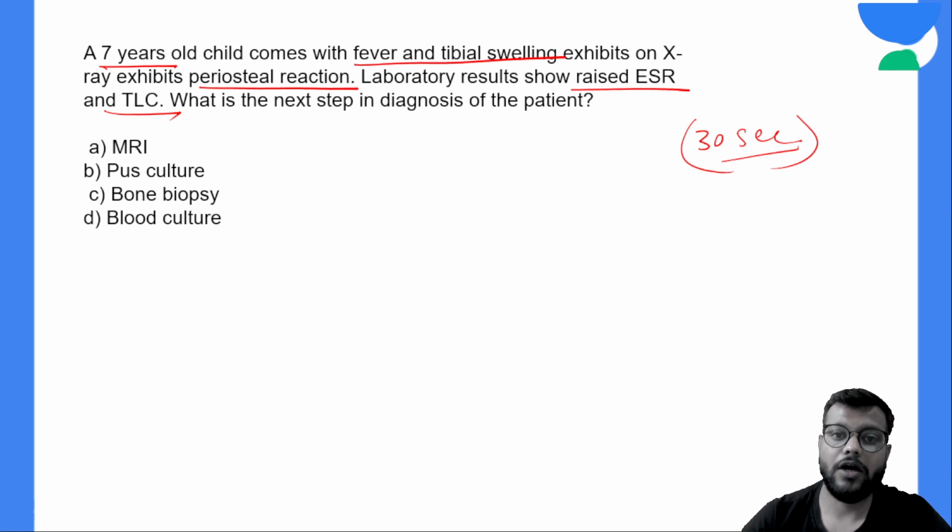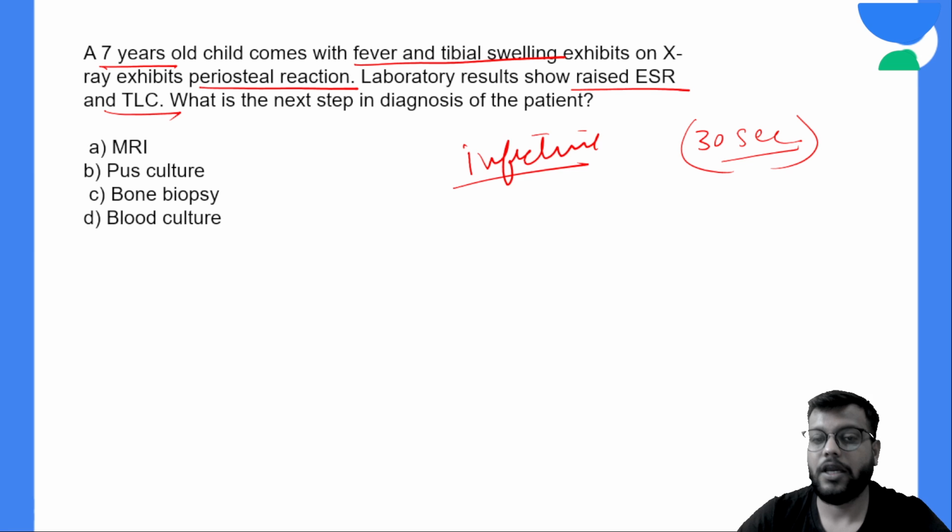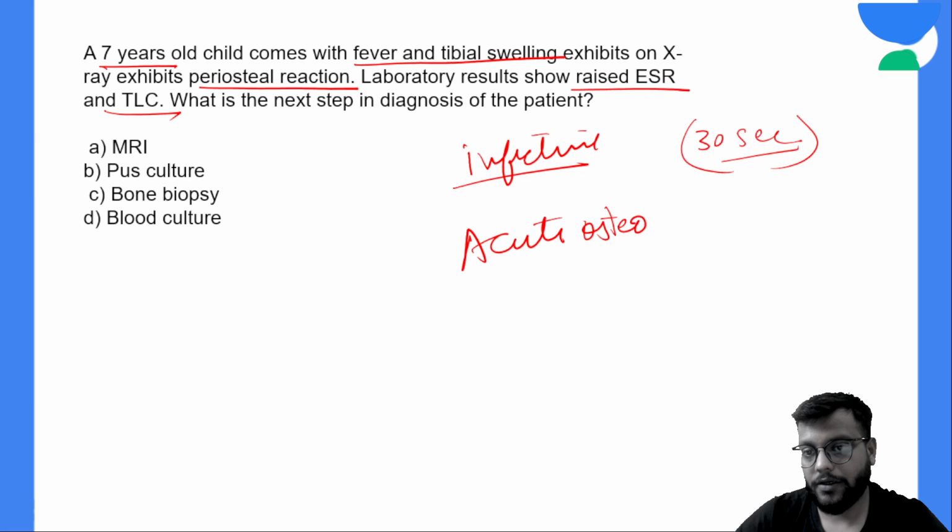Okay, so very easy. There is an infective pathology, and mostly the joint is not involved yet, there is fever, periosteal reaction, raised TLC in a child. So it is acute osteomyelitis.